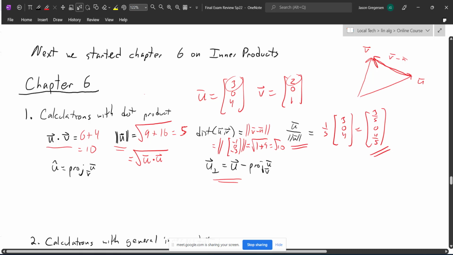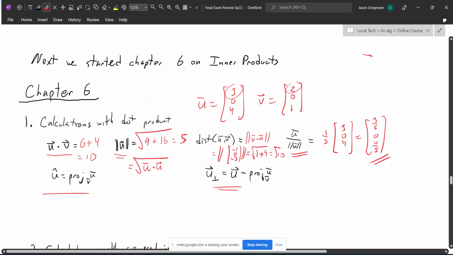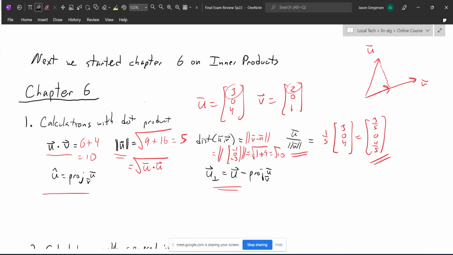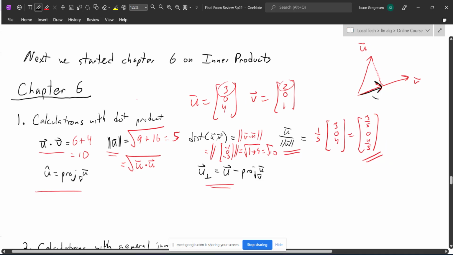Next, I have a really important calculation, the projection of u onto v. So when we go back to our picture here, I'm going to rewrite my vectors here. I have the vector v on the bottom here, the vector u right there, and I'm projecting u onto v. So that means this vector in black right here, this is u hat, the projection of u onto v.